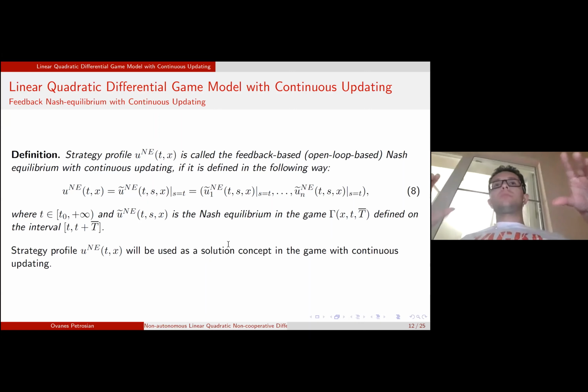So we cannot compute the payoff of players on the whole interval and then use the classical definition and compare whether the individual payoff of player i would be more than and so on. This case is not suitable. What we can do is introduce the definition which is presented here on the slide. Sorry, there's a mistake. We only focus on the feedback-based Nash equilibrium. So, okay, let's move on.